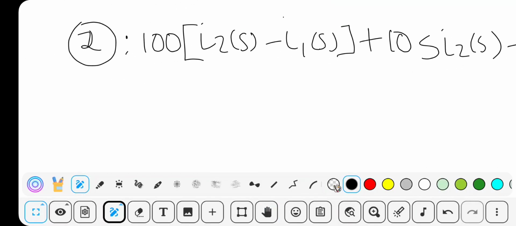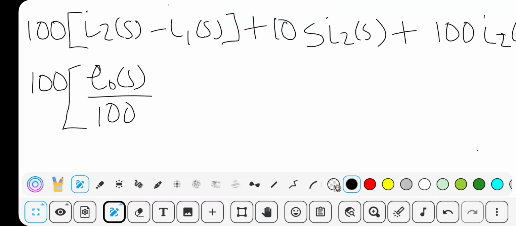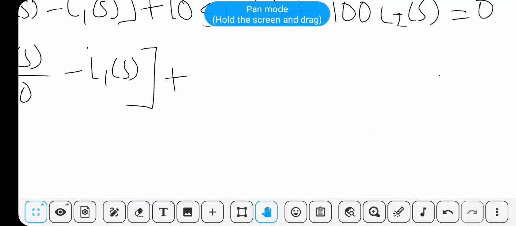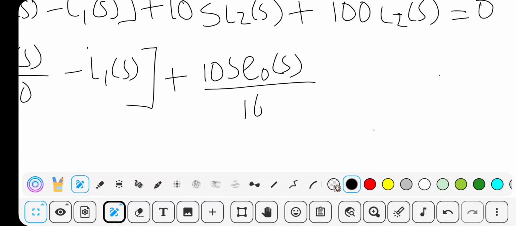So now, if substituting the value, because we know that I2 of s is E naught of s over 100 minus I1 of s plus 10 s E naught of s over 100.